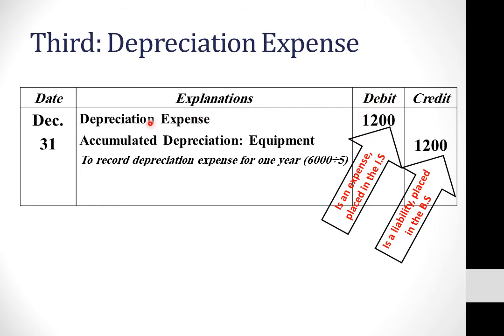1,200 is the amount of depreciation that will be deducted each year for 5 years, which is the useful life of the equipment, until all these 6,000 is consumed.